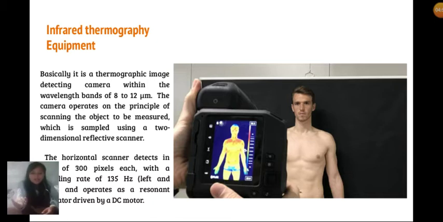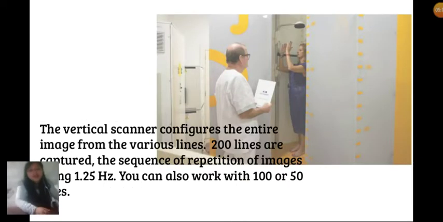The horizontal scanner detects in lines of 300 pixels each, with a sampling rate of 135 Hz left and right, and operates as a resonant oscillator driving a DC motor. The vertical scanner configures the entire image from the various lines. 200 lines are captured, the repetition rate of the images being 1.25 Hz. You can also work with 100 or 50 lines.